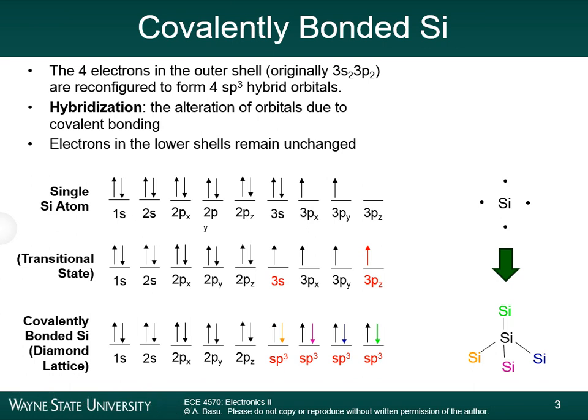If we were to solve the Schrodinger equation, then we would see that the different energy states that we could get look something like this, where we have these things called hybrid orbitals. The concept of hybridization, the definition of it, is that it's the alteration of orbitals due to covalent bonding.